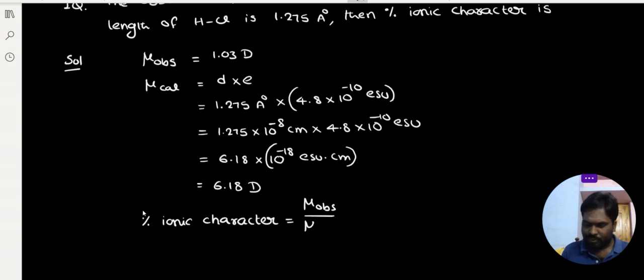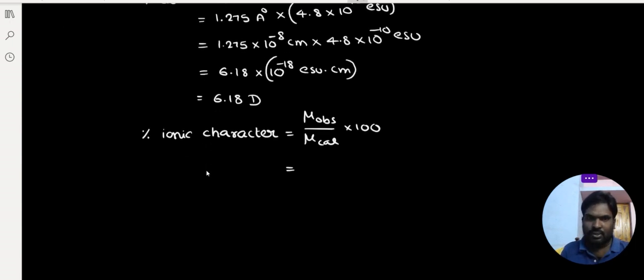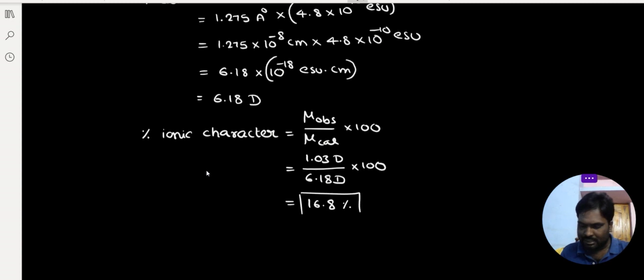Mu observed is 1.03 debye, mu calculated is 6.18 debye, into 100. If you simplify, you will get 16.8%, which is the right answer. I hope everyone understood this one.